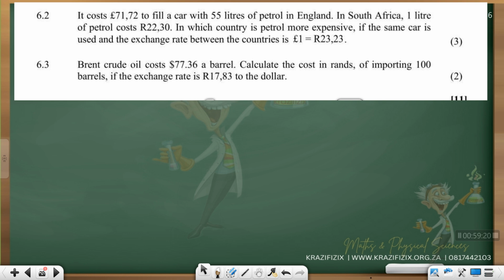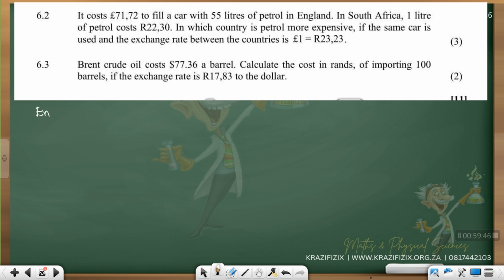Let's go back again. To fill a car with 55 litres of petrol, you need 72 pounds. In South Africa, 1 litre would cost 22 Rand 30 cents. So what do you think? What I would do is, I would calculate 1 litre in England.